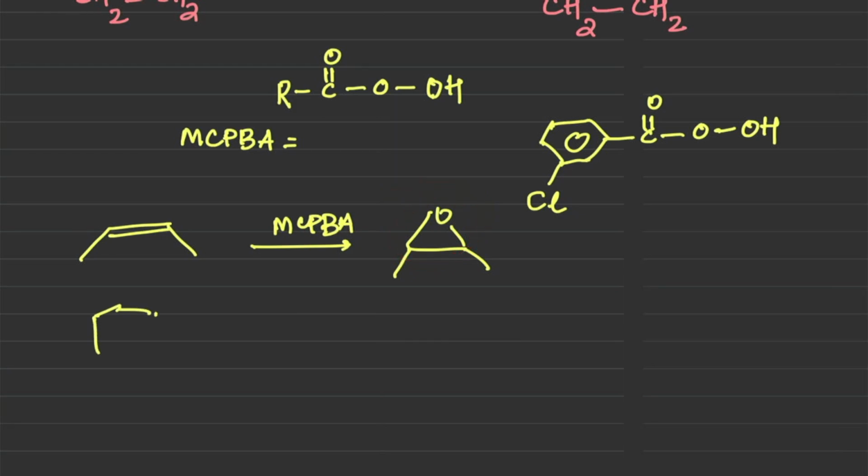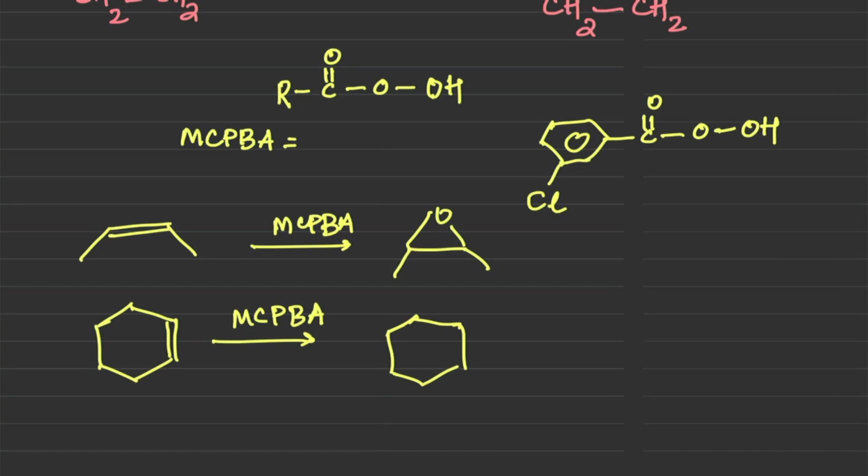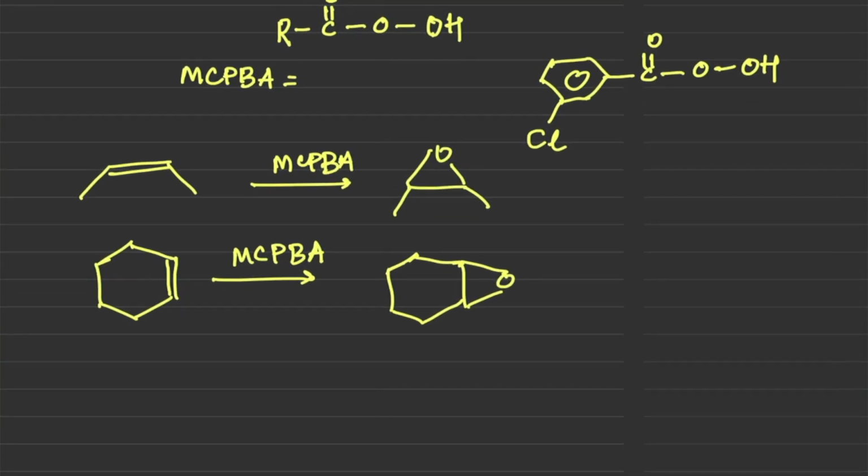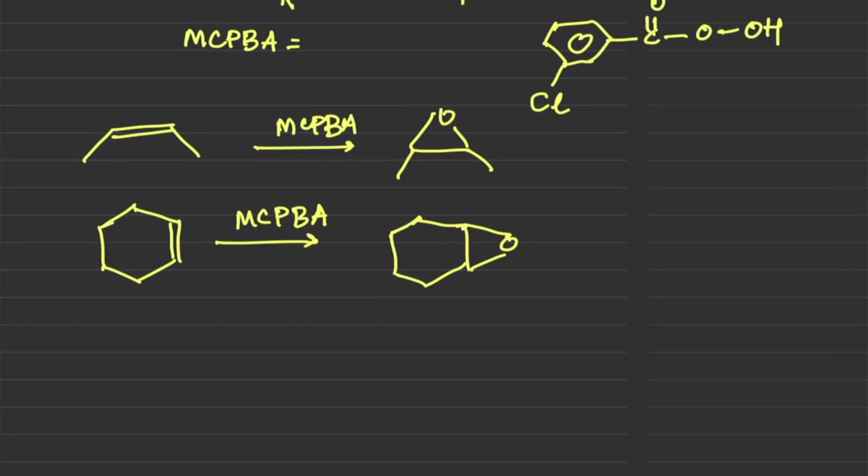So what if you have a cyclohexene? This cyclohexene looks ugly, so let's make it prettier. Say you have cyclohexene and you treat it with MCPBA. Obviously, we're going to make an epoxide. That's our epoxide.